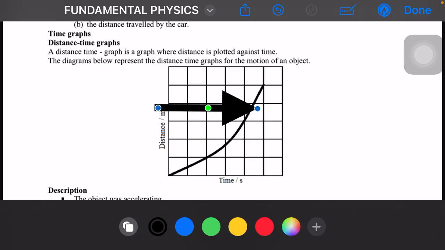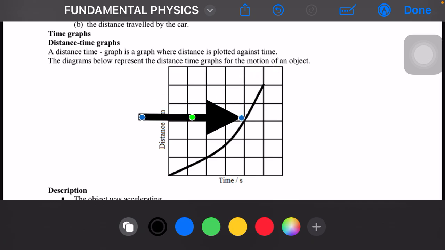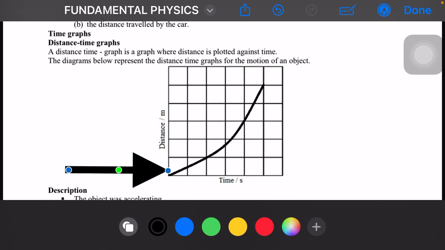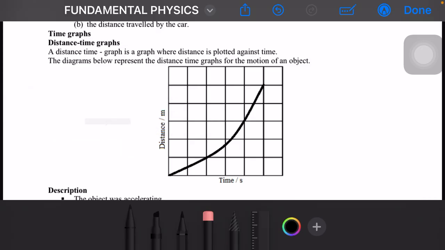Why? Because clearly here it doesn't show any curve at the end, as if it's going to go down again. It just shows a continuous increase, showing that the object is accelerating. Hope it's clear there.